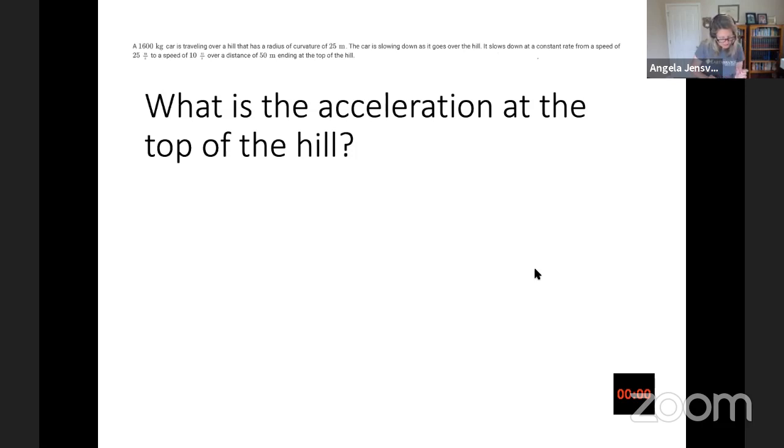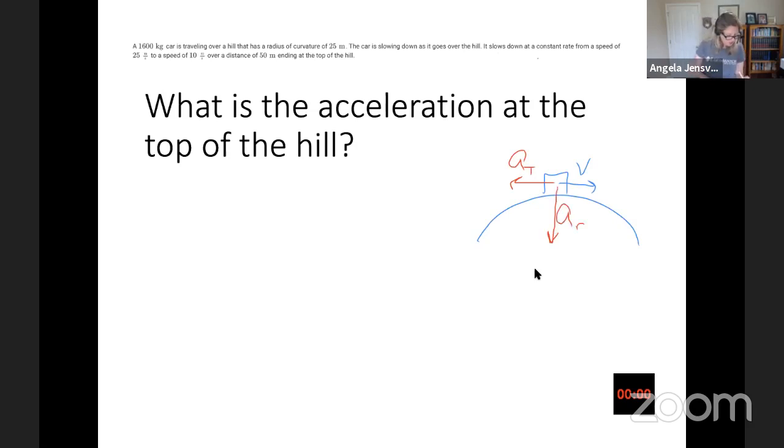It's saying it slows down at a constant rate. So if it's slowing down, that's tangential acceleration, right? So if you show this thing, let's say it's moving this way, that means the acceleration is in the opposite direction. So it has a tangential acceleration. It's also going over the top of a hill, which means it's changing direction. So it has an acceleration along the radius as well.